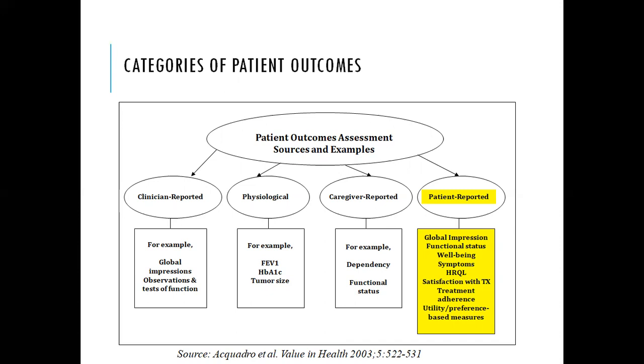We could go for a caregiver reported, what is the functional status of the patient, how much he is dependent on this particular patient is how much dependent on the caregiver, because it does add to the stress of the caregiver also. A patient in a disease condition not only affects the patient, it also affects the entire social circle that he is impacting.